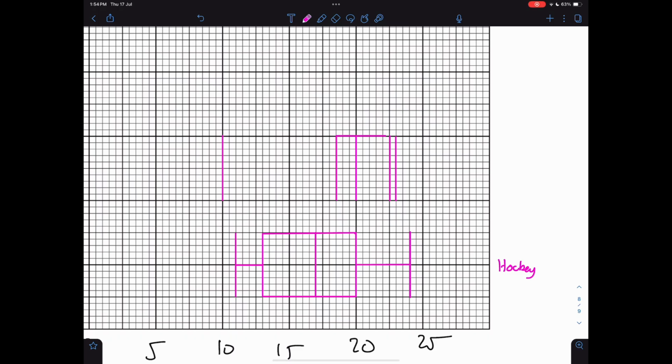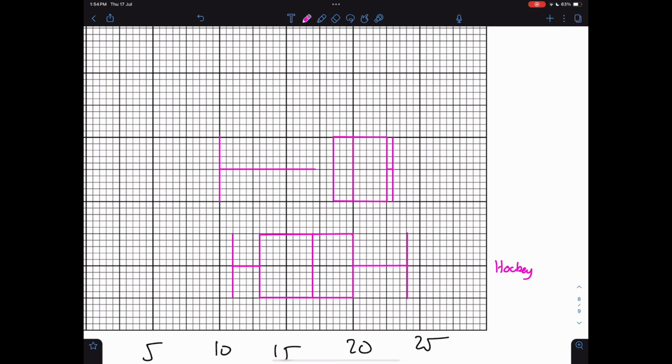Then we rule to make our box, and then we'll draw in our whiskers. And we'll label this football.